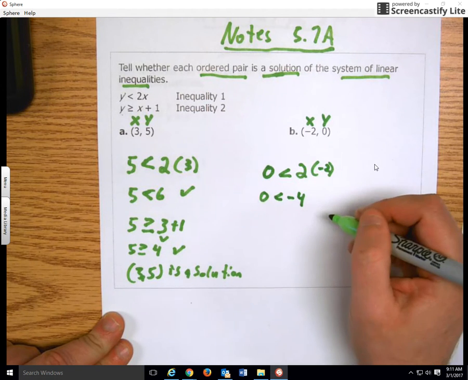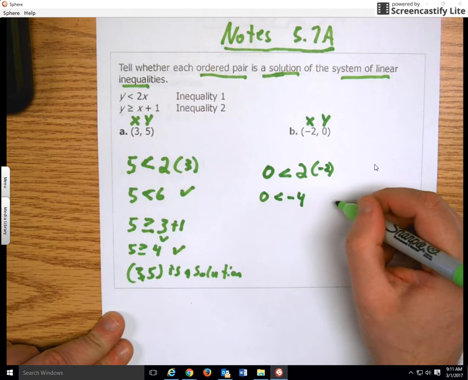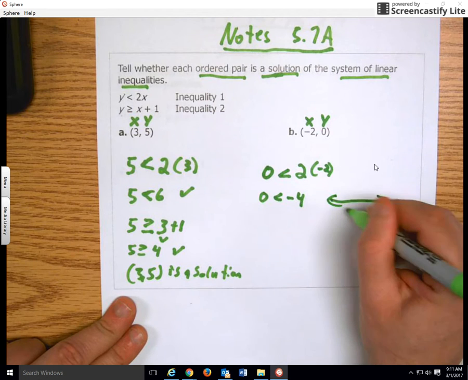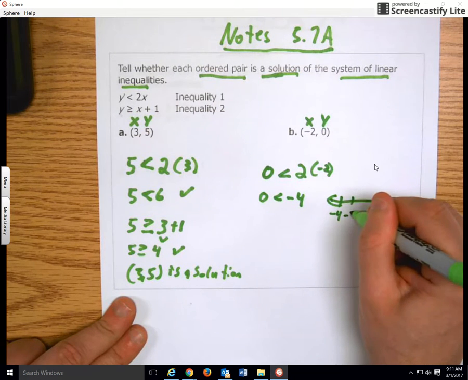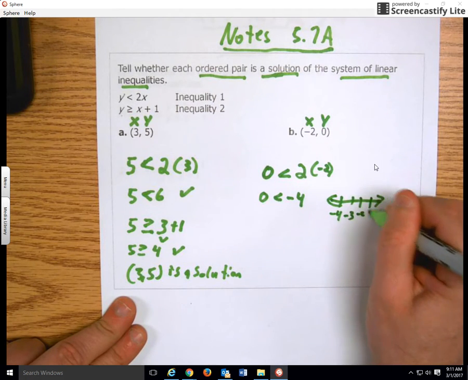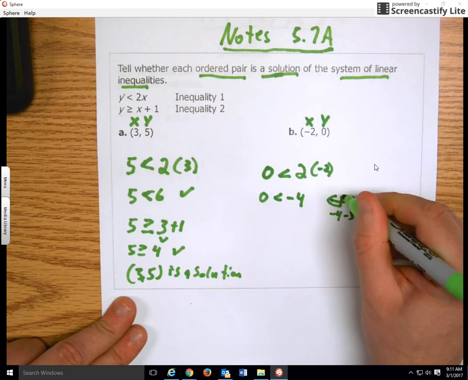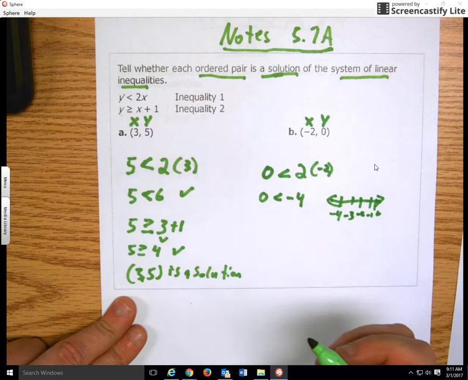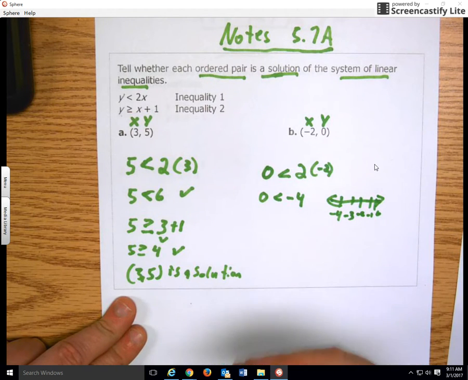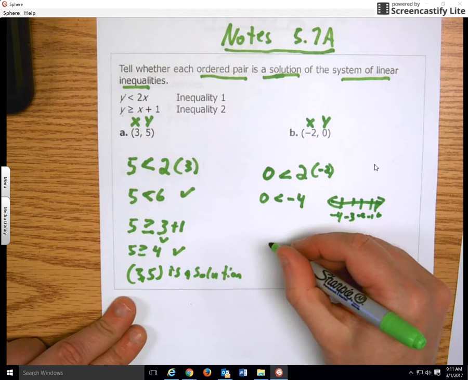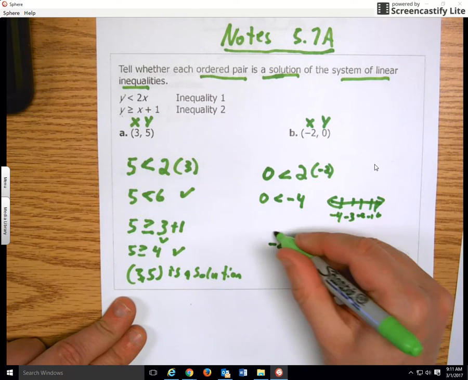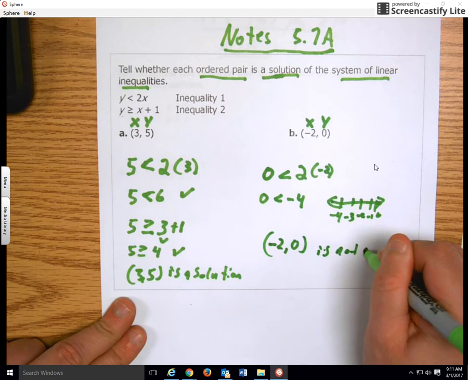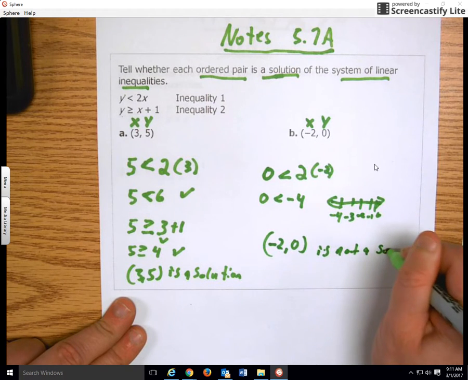Well, actually, 0 is not less than -4, because on the number line, we can see that -4 is more to the left. So this is false. If it's false for one of these two, we already know it's not going to work with the system. So I can already tell you that -2 and 0 is not a solution.